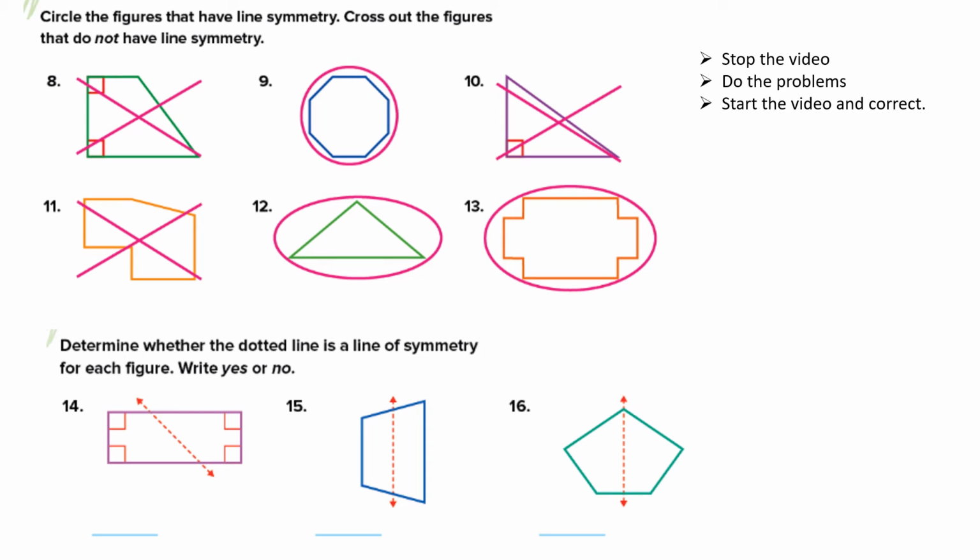So 8, 10, and 11 have no lines of symmetry, whereas 9, 12, and 13 do. And you're just supposed to write yes or no for 14 through 16, whether that's a line of symmetry. And it's definitely a no for number 14. That's not the same on both sides. The same for number 15, but yes for number 16.